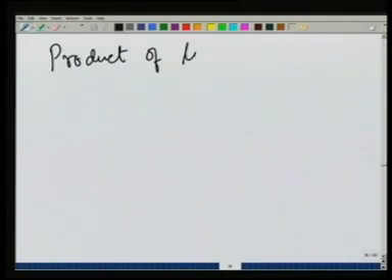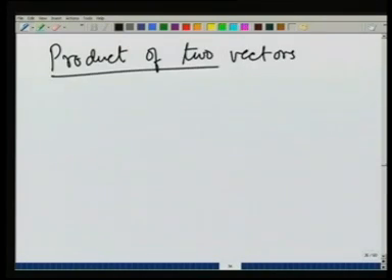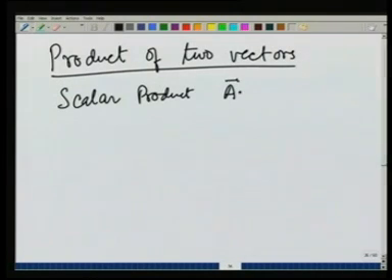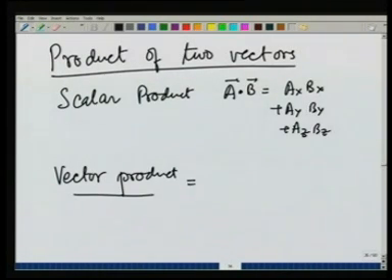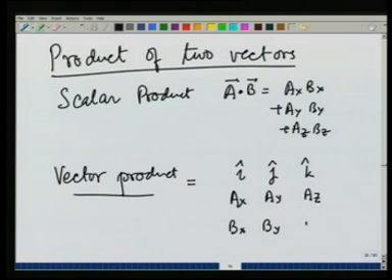So, there are two products of two vectors. One is the scalar product, which is written as a dot b, which is nothing but ax bx plus ay by plus az bz, and the other is the vector product, which gives me a vector quantity, which in short form I can write as a determinant with rows i j k, ax ay az, bx by bz, and this is a cross b.